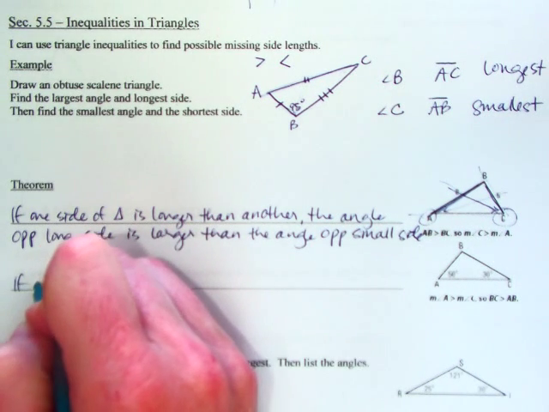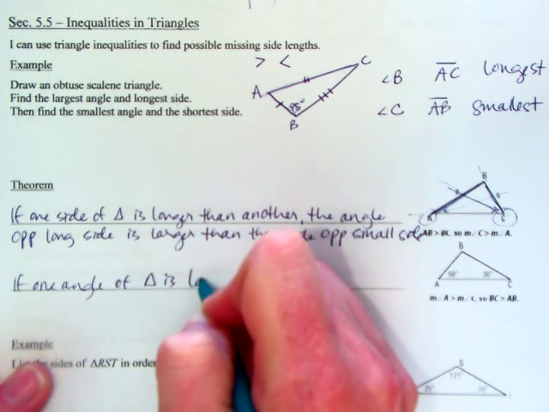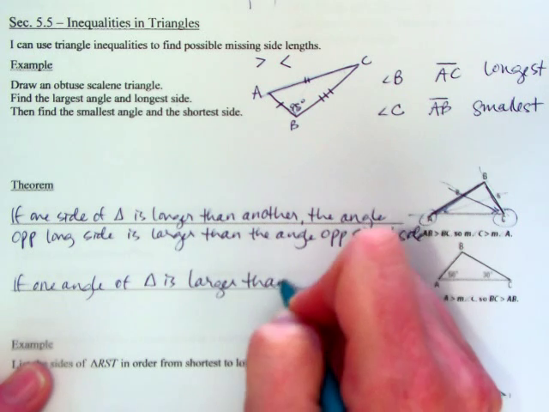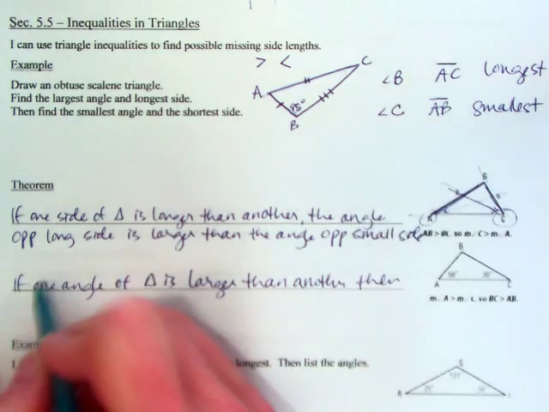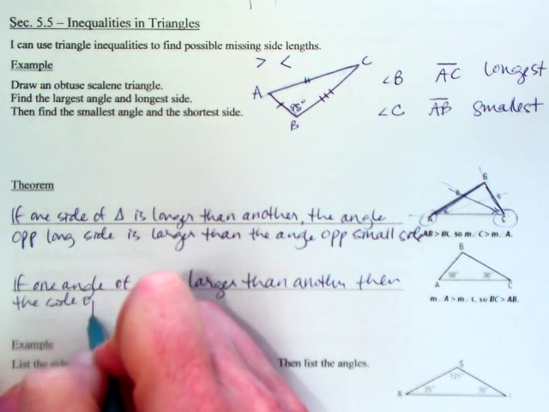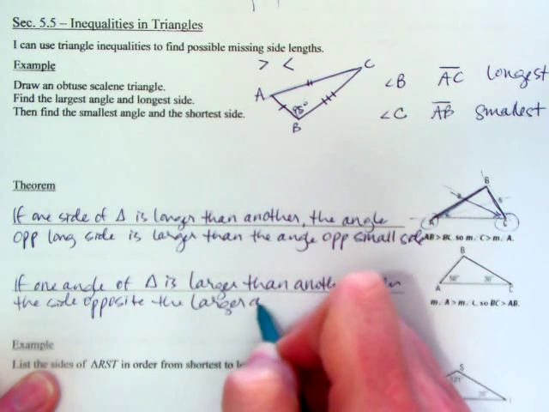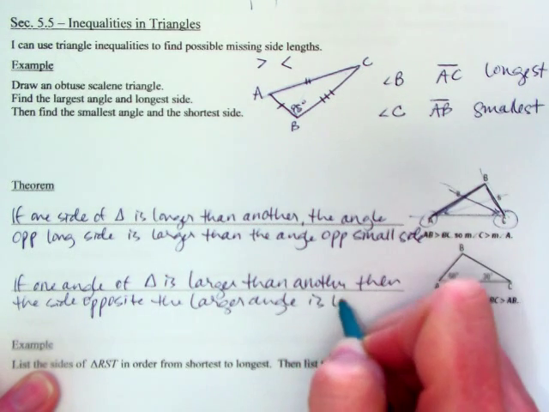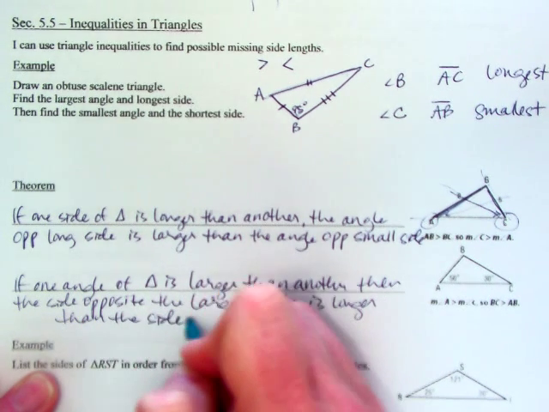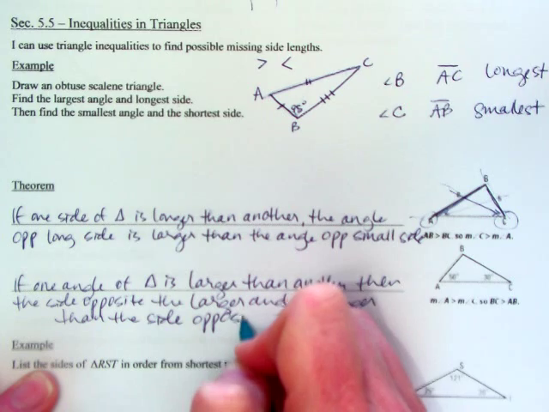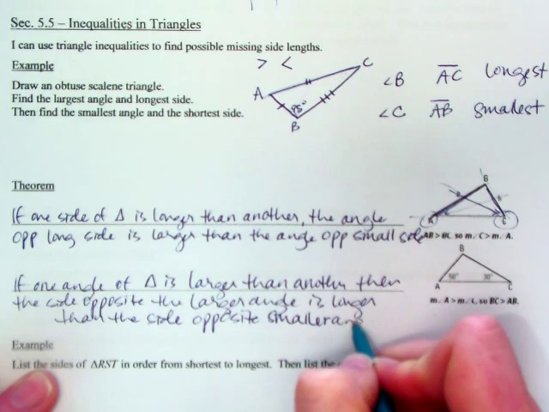So if one angle of a triangle is larger than another, then the side opposite the larger angle is longer than the side opposite the smaller angle, sorry.